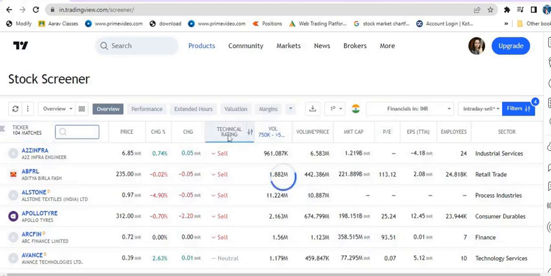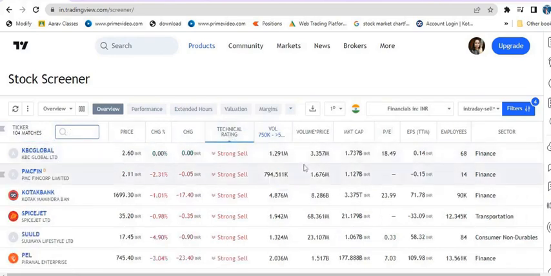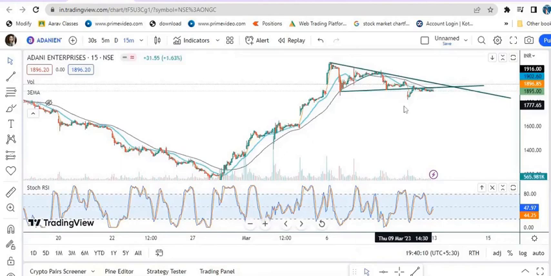Click on technical rating. So we'll get all the strong sell calls. So analyze one by one, and same thing whatever I told for Adani, and use the 5-minute or 15-minute time frame.